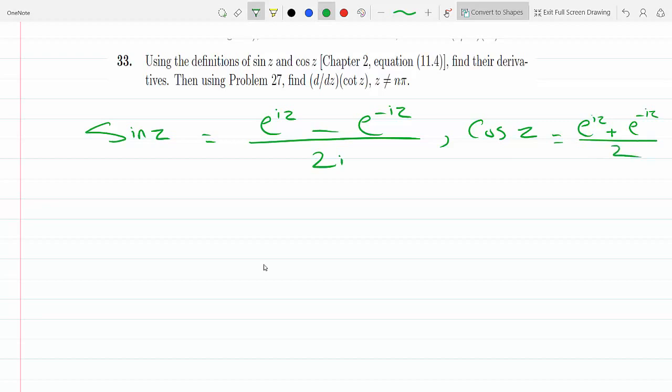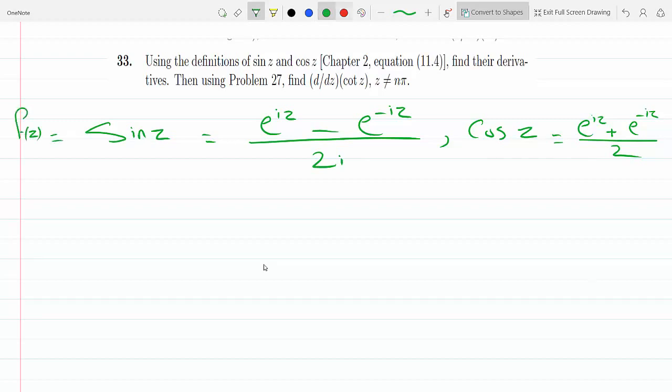Okay, find the derivatives. Let's see what's the easiest way to do this. So this guy here is f of z.